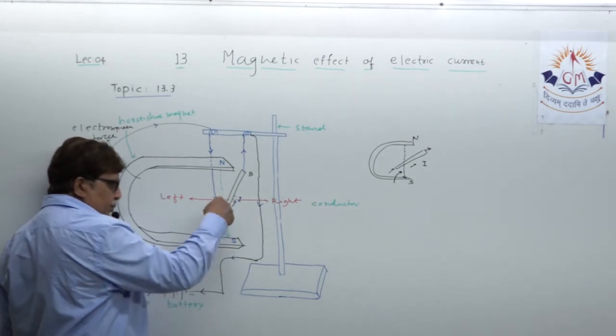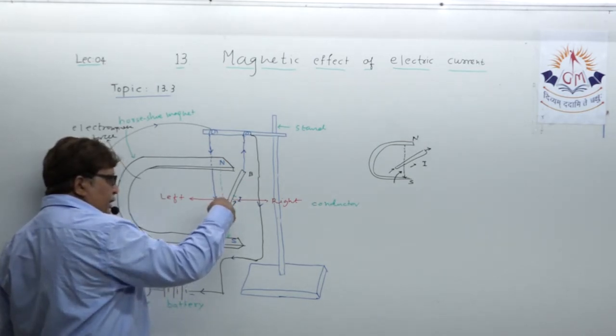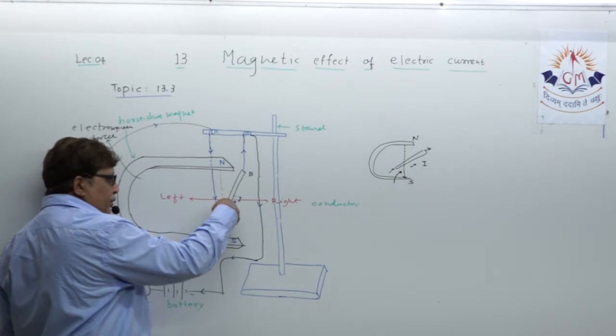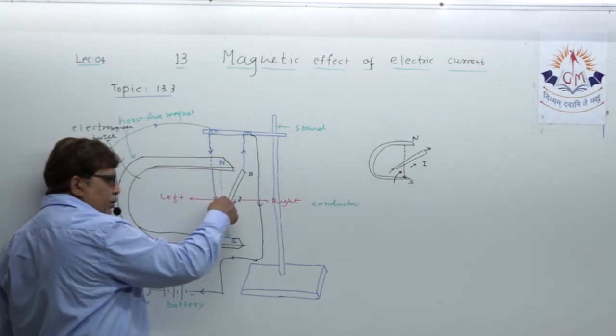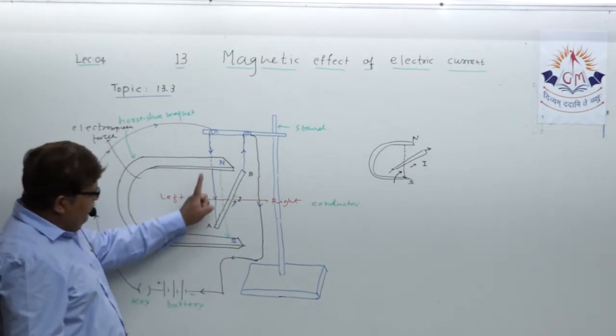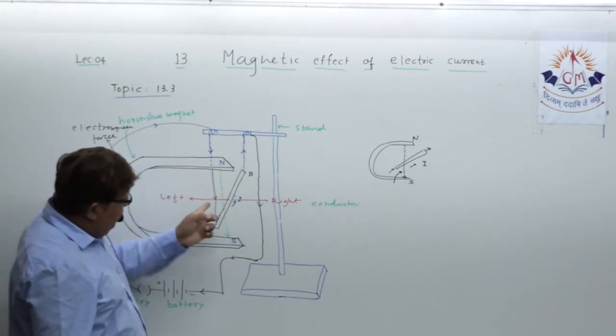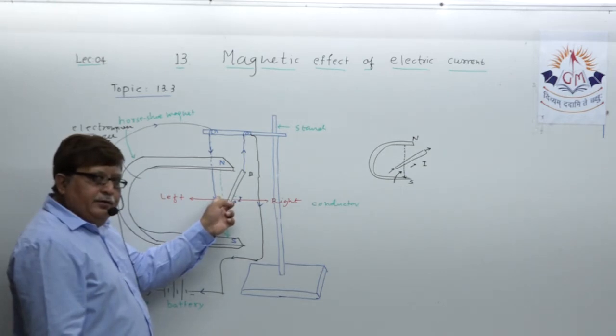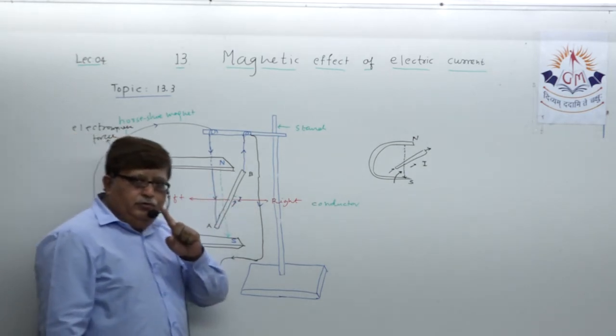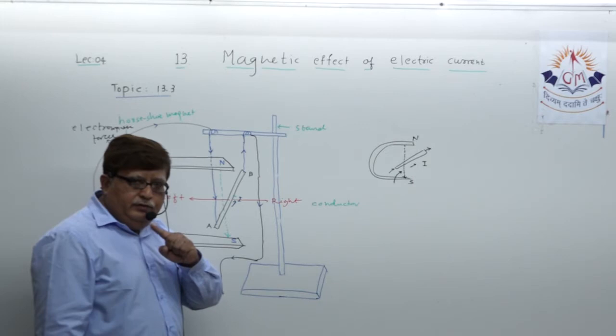This way, this is the direction of current. Both are perpendicular to each other. You understood this? Magnetic field and direction of electric current are mutually perpendicular to each other.